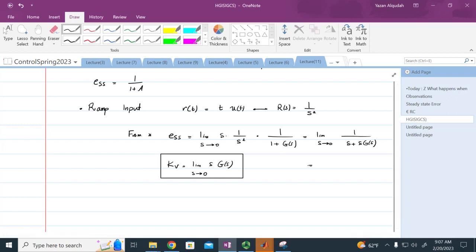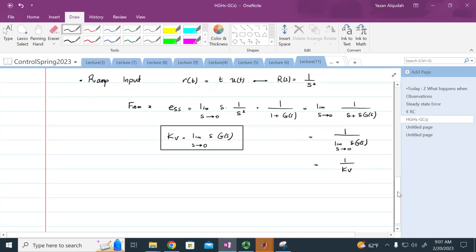So this is going to equal to 1 over the limit as s goes to 0 of s multiplied by g of s, which is going to equal to 1 over kV. And we're going to call this the velocity error constant.